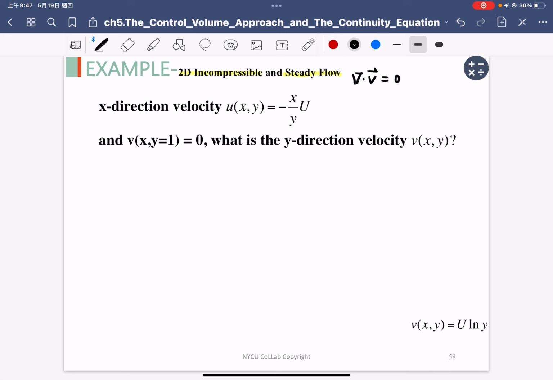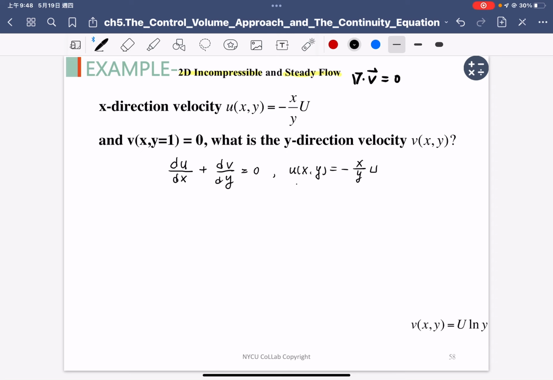And because our problem is a 2D flow, we have ∂u/∂x plus ∂v/∂y equal to 0, right? And then we only have the u velocity, which is a function of x and y, equal to minus x and y.